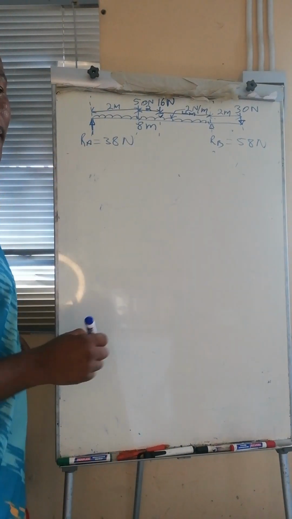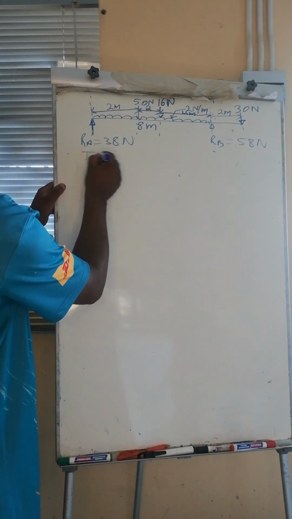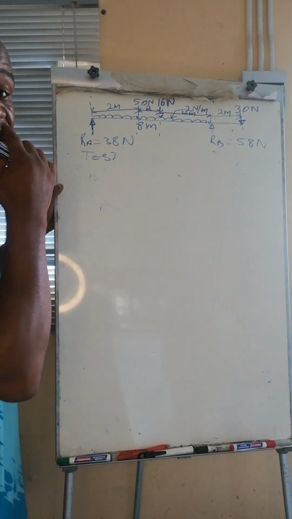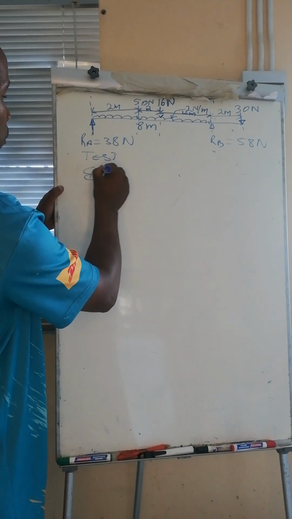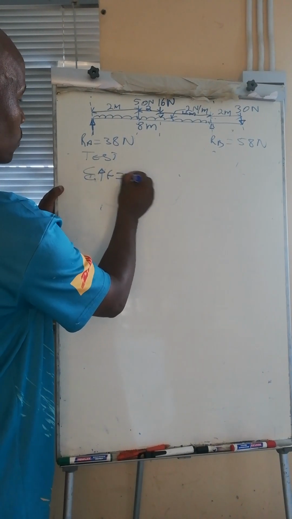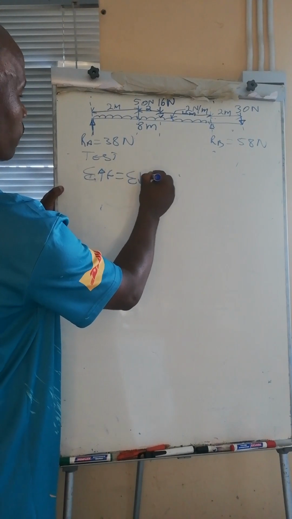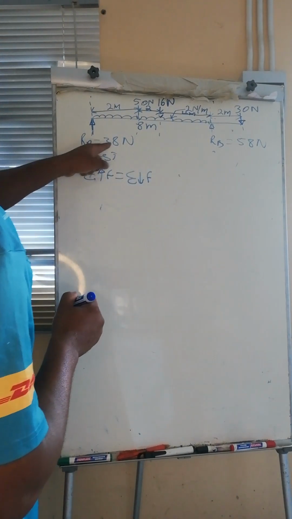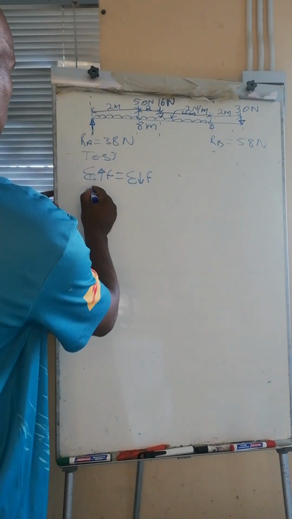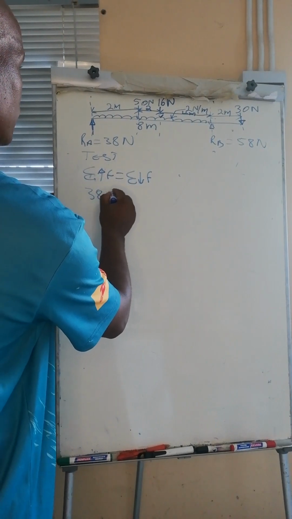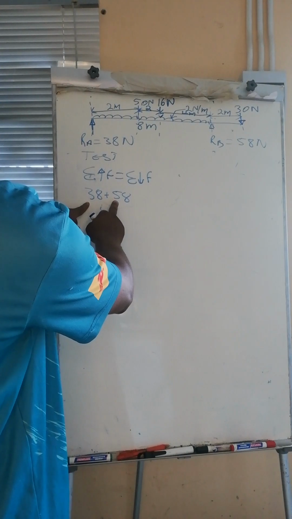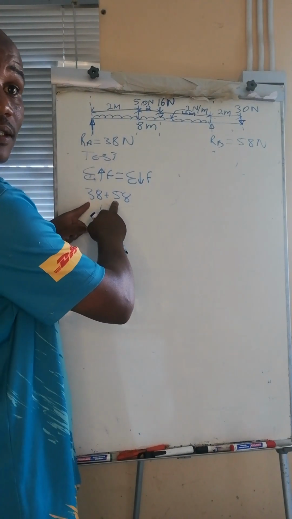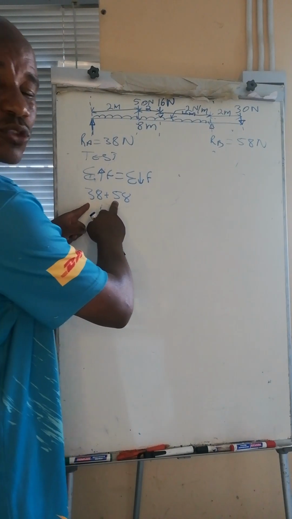Now let's test, guys. Very, very important. To test, the sum of the upward forces is equal to the sum of the downward forces. What are the upward forces? It is 38 plus 58, which is equal to 96.